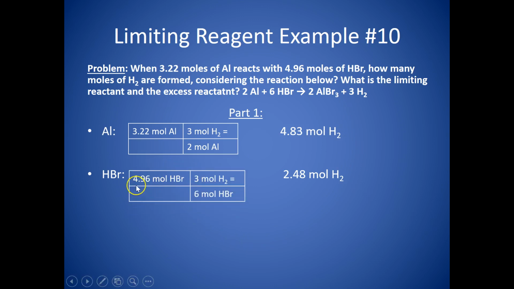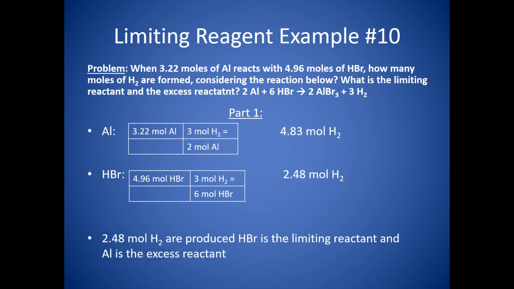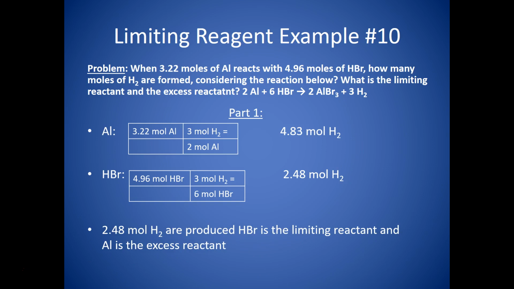According to the problem, we had 4.6 moles of HBr. We use a mole ratio again, 6 HBr to still 3 H2, and it comes out to 2.48 moles of H2. So based on that, we know that hydrogen is going to be our limiting reactant, and aluminum is going to be our excess reactant. See, really straightforward.